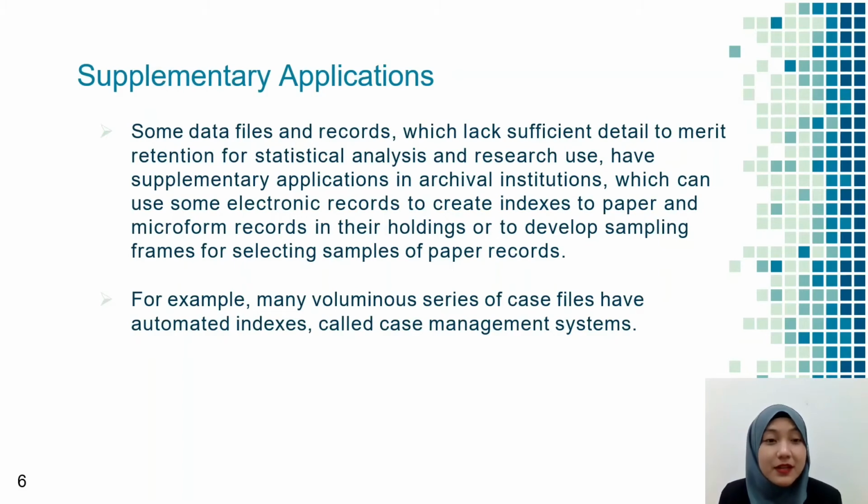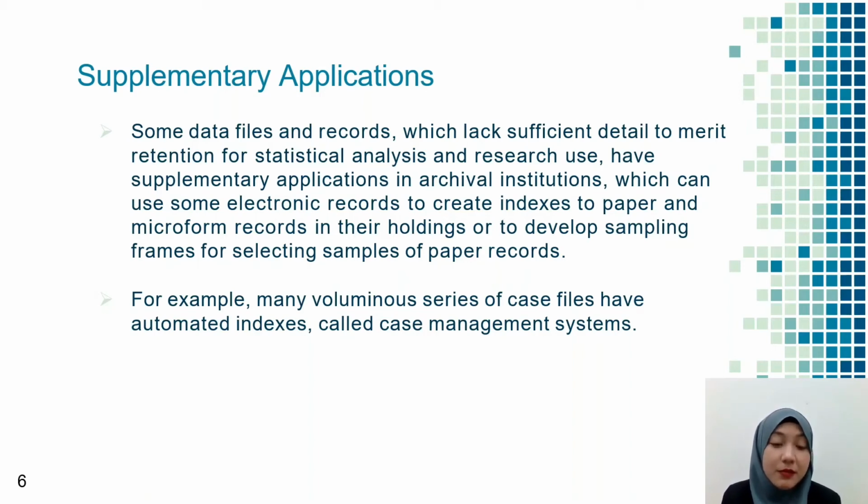Next up, we got the next criteria, which is supplementary applications. Some data files and records which lack sufficient details to merit retention for statistical analysis and research use have supplementary application in an archival institution, which can use some electronic records to create indexes to paper and microfilm records in their holdings, or to develop sampling frames for selecting samples of paper records.